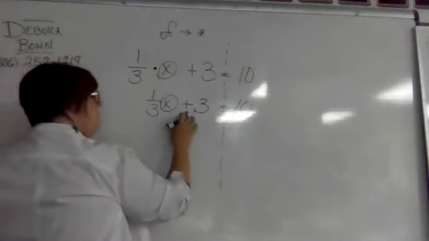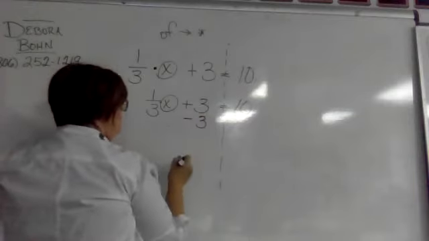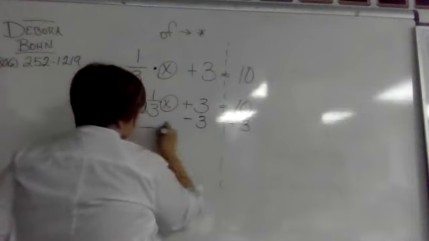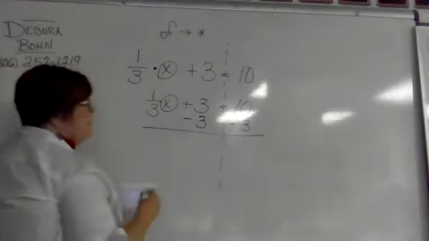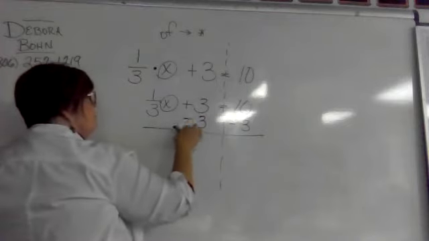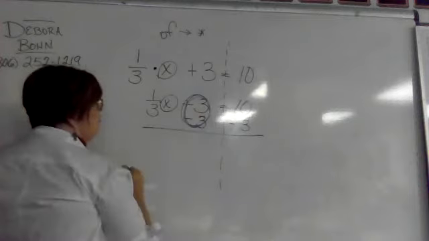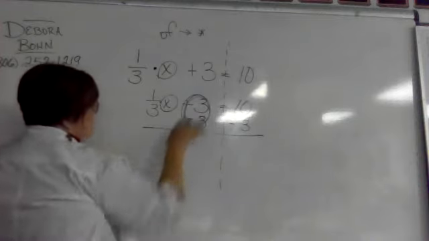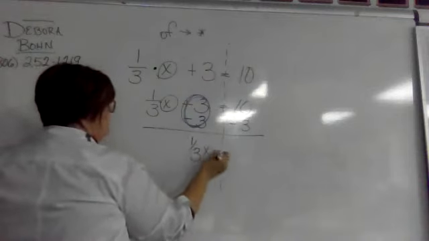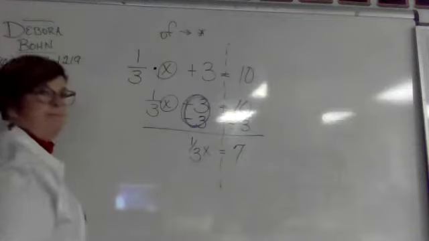So we get rid of a plus 3 by doing a minus 3. We're going to balance the equation first before we do anything. Now we can start to do our math. The numbers are the same, the signs are opposite. They are additive inverses, a 0 pair, they're gone. Add straight down and we have a 1/3 x equals 7.